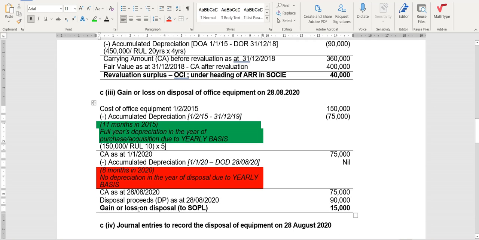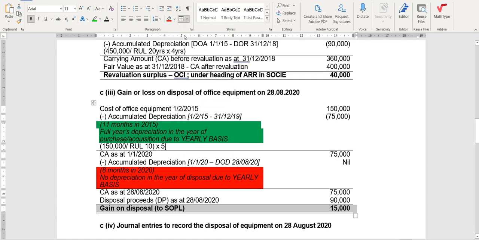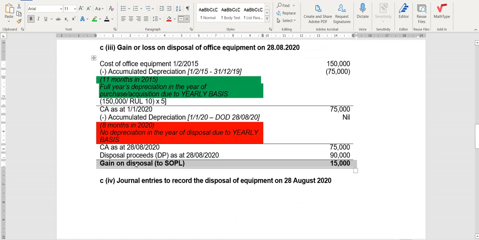Since the disposal proceeds are more than the carrying amount, we earn a profit, and that would be 15,000, and this will be recognized in the SOPL as part of other income.